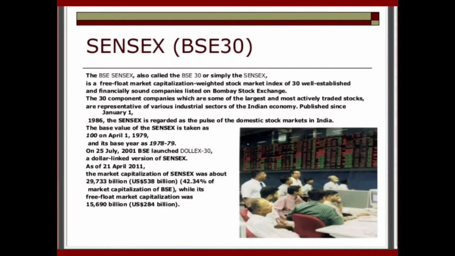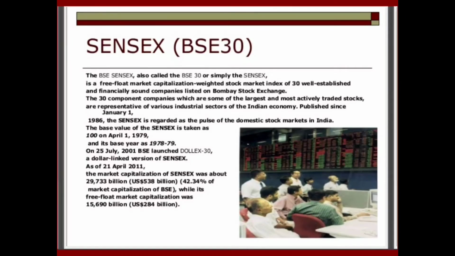in India. The base value of the Sensex is taken as 100 on April 1, 1979, and its base year is 1978 and 79. On 25th July 2001, BSE launched Dollex 30, a dollar-linked version of Sensex.